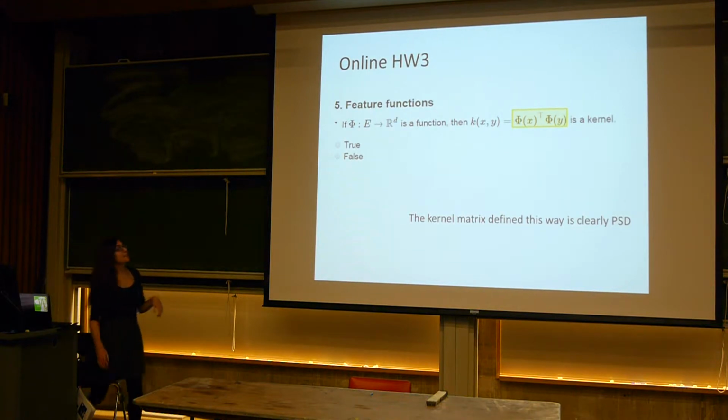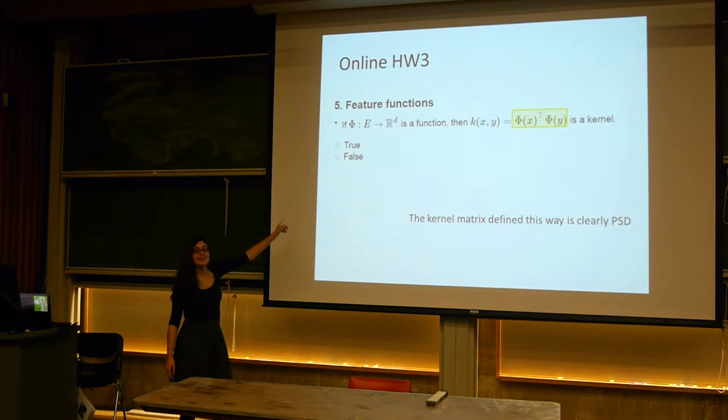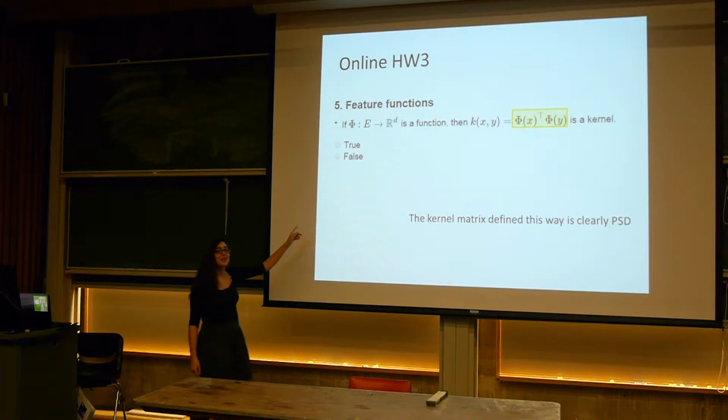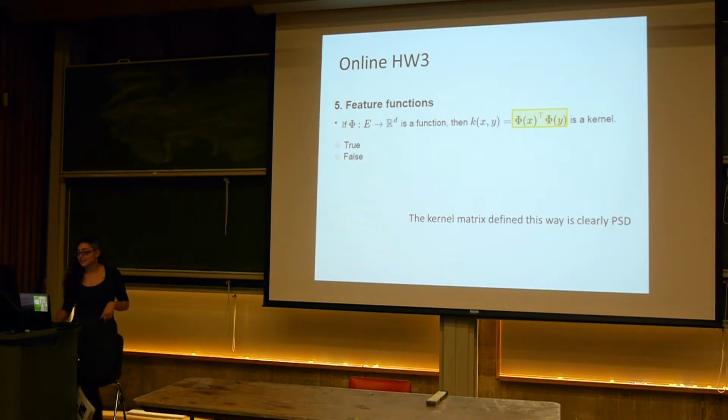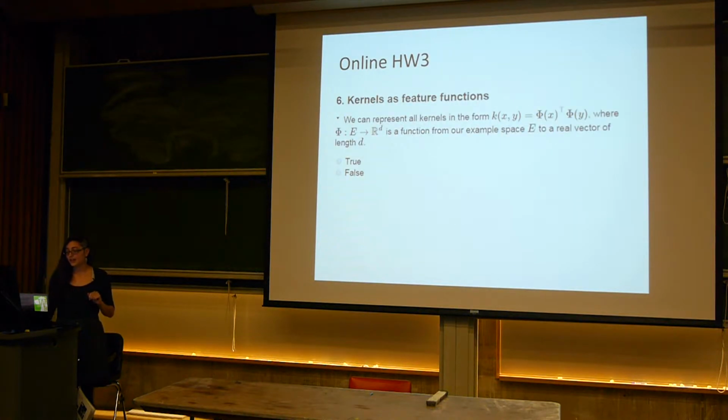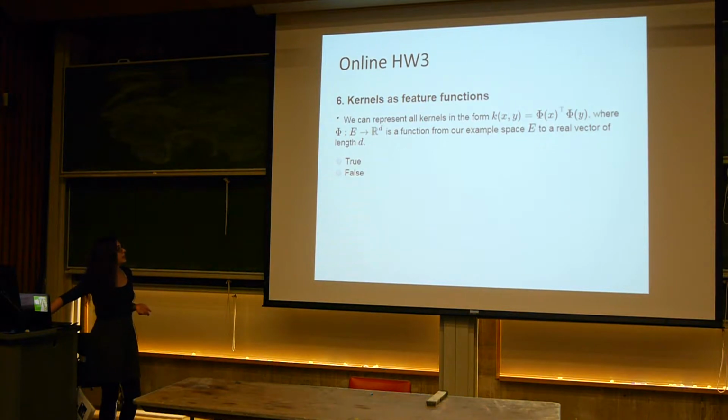So in this case, X and Y are elements of the example space, right? Going back to that first question. Is that okay? Okay. So this is kind of a subtle point, and I can see why people got this question wrong.